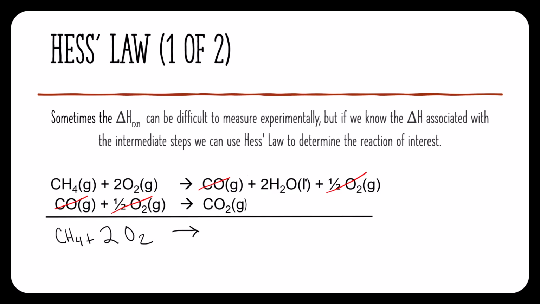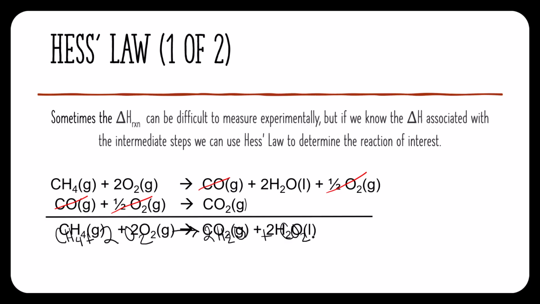And then on the product side, I've got water from the first step, and then from the second step, we've got carbon dioxide. So that is our overall reaction. We identified intermediates, canceled them out, and then we just wrote everything that was left.